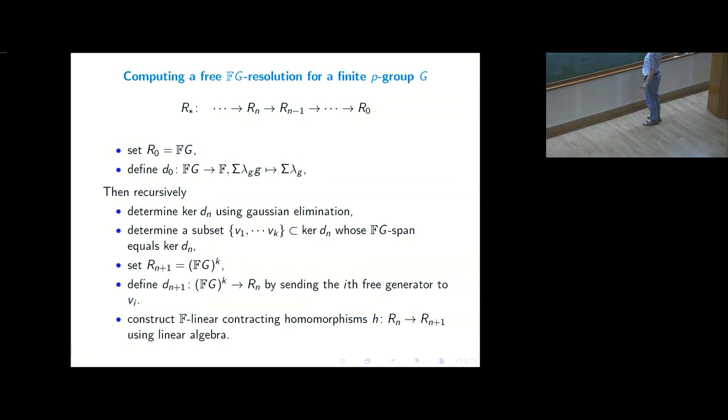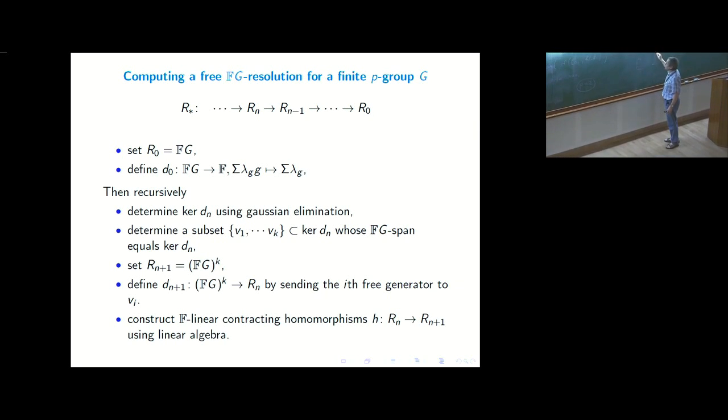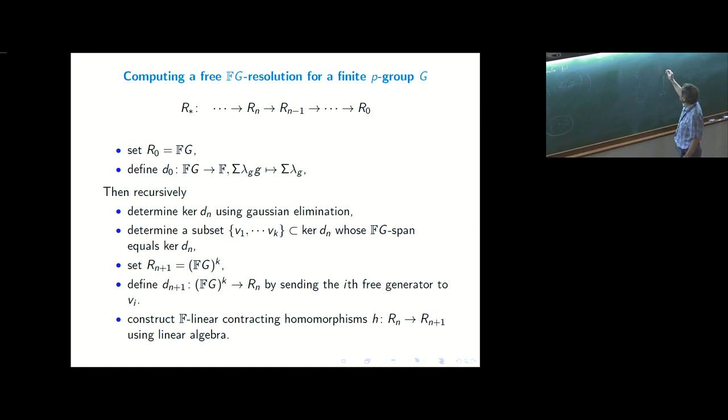So if I have a linear homomorphism, all I really want is a splitting. I want a map on the image, some non-equivariant splitting. Any one will do up to R_n. So you can just use linear algebra to do that. And that's what I'll call my contracting homotopy in this case. So I'm not really using arrows, I'm just using linear algebra.